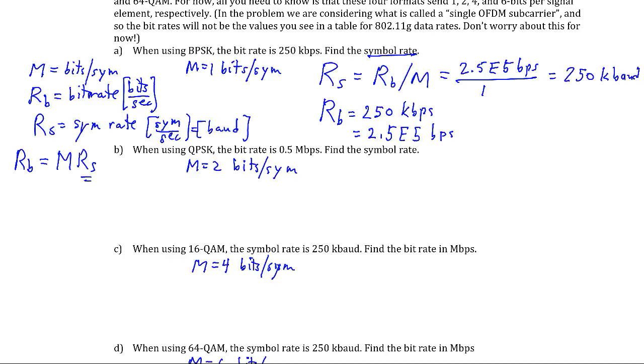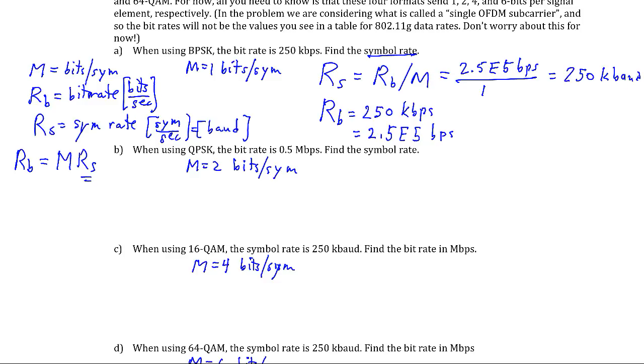And so what I did was I just looked back at this and said, I don't really need this times 10 to the 5th. I say 250k, and so I have 250 kilobaud. And I have bits per second divided by bits per symbol, and I get symbols per second, or baud.